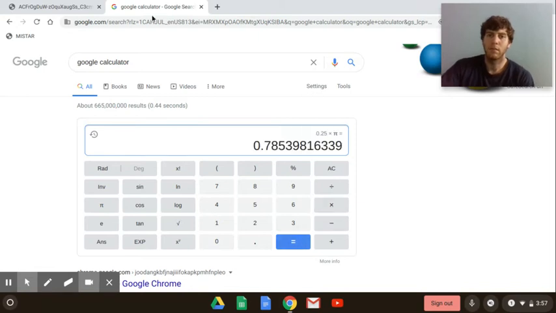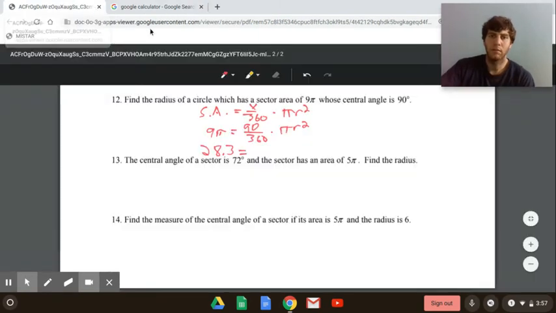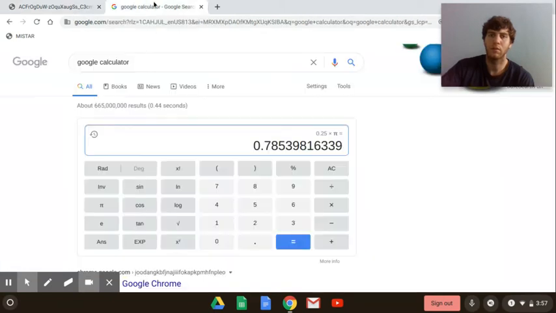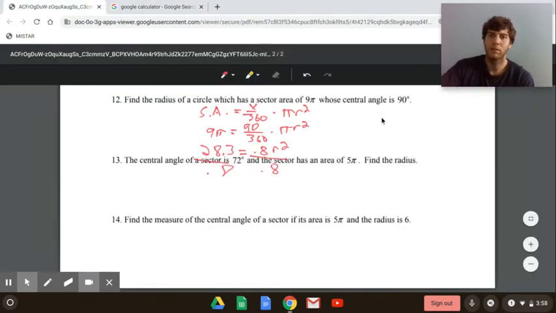Right, it's going to be 0.7. So let's do 0.8. So 0.8 times r squared, right? And then divide by 0.8 on both sides. So 28.3 divided by 0.8, and you get 36, or about 36. 36.0 equals r squared, right? And then you get 6 equals r.